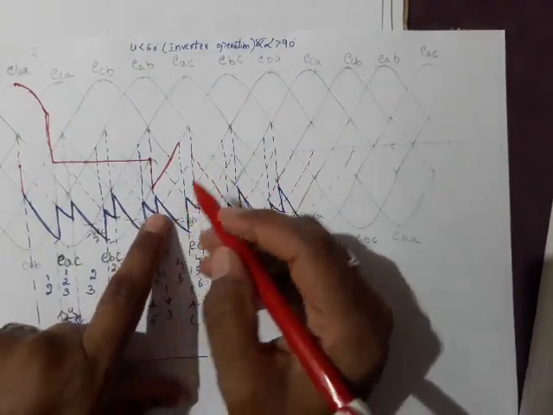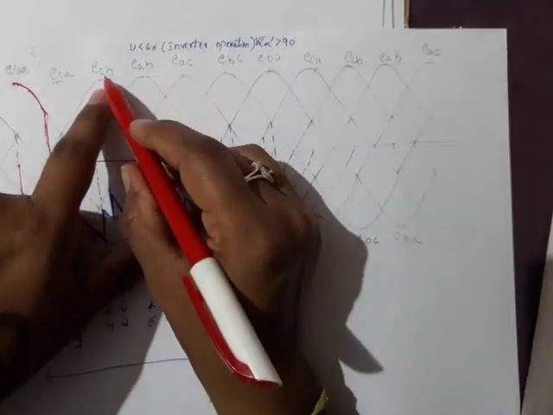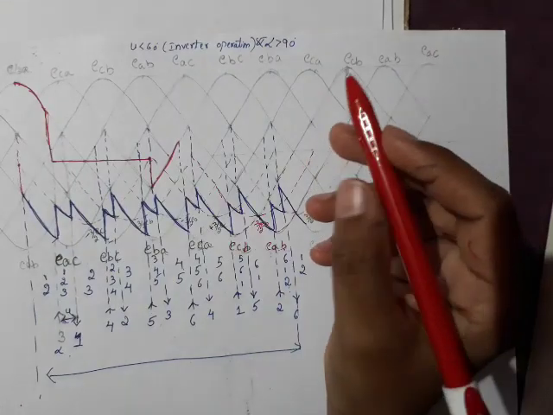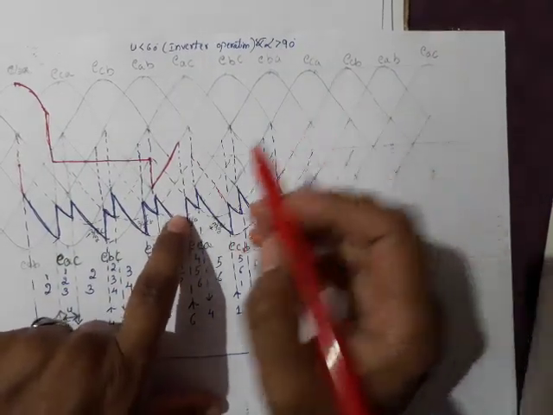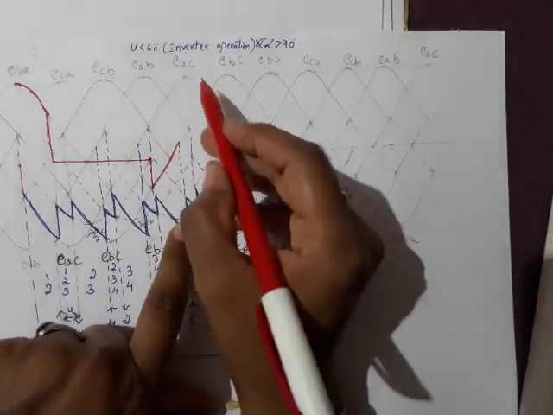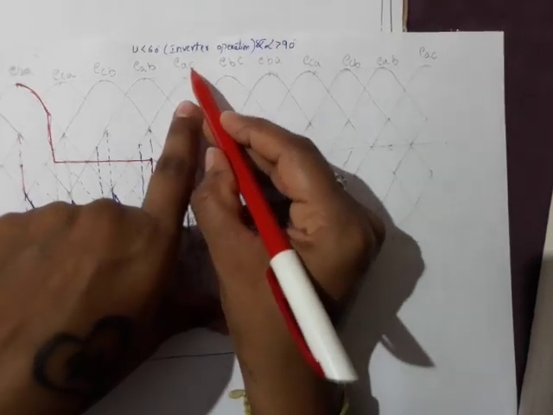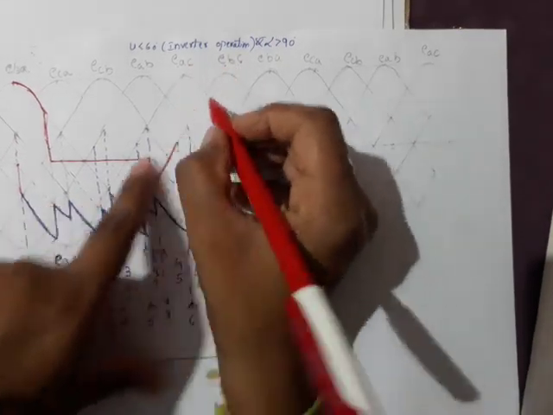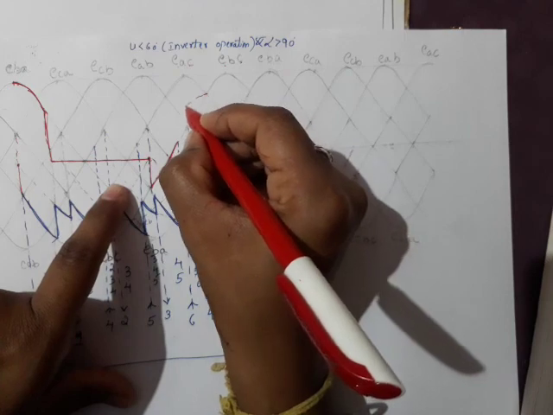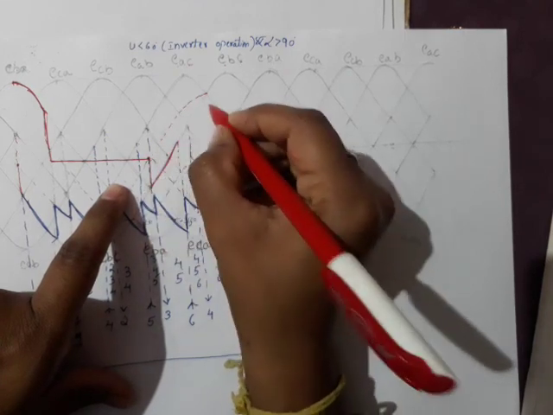See, here we are getting minus 3 by 2 times of EC. So where is minus 3 by 2 times of EC? Here we have EA minus EC, EB minus EC. Between these, I'll get my phase voltage EC.